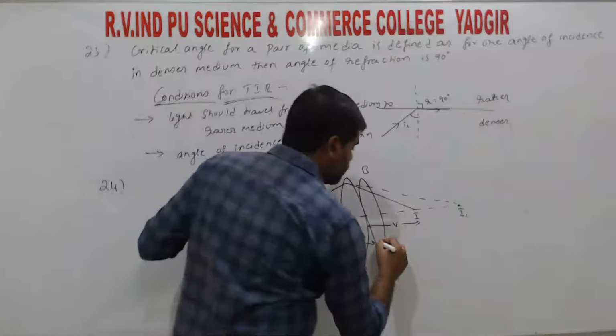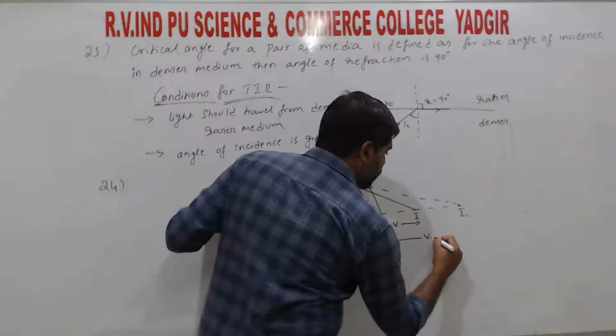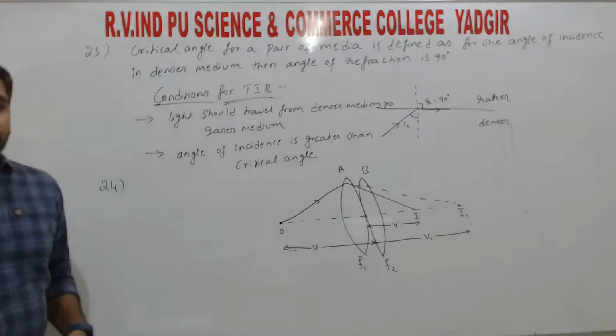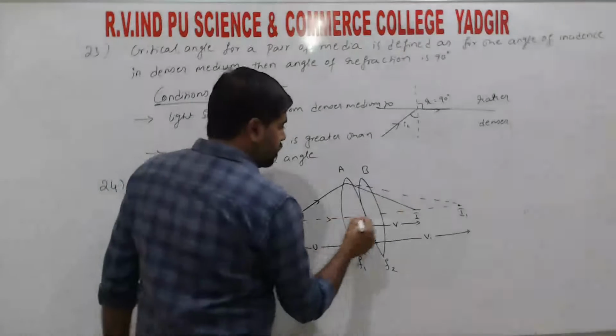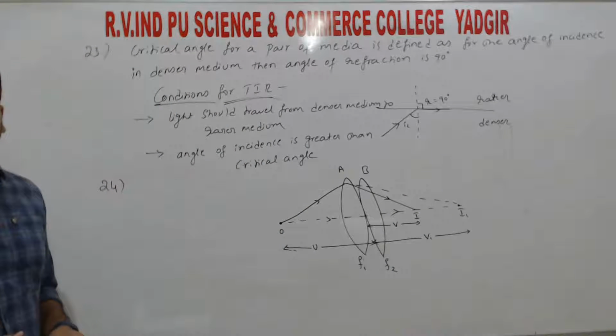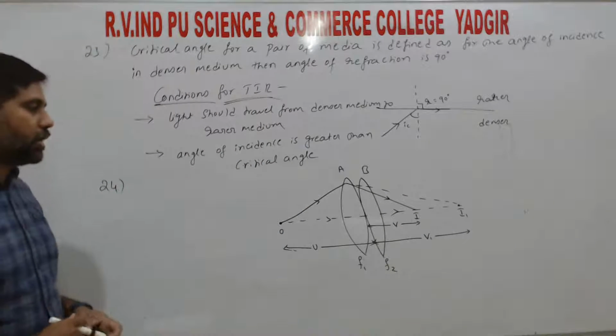So first, this is taken as V1. Since we are using ray diagrams everywhere, arrow marks must be there everywhere. So very important.